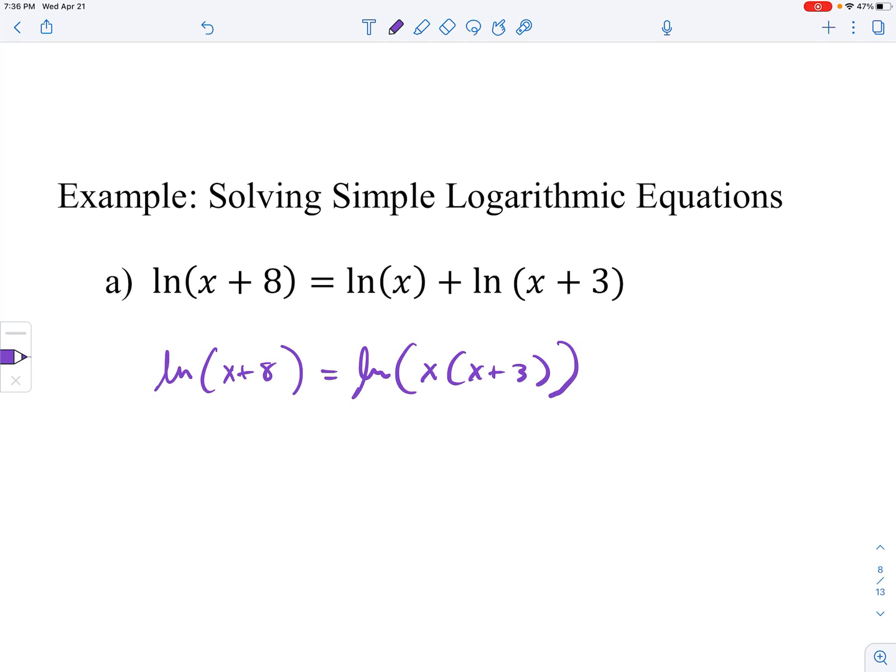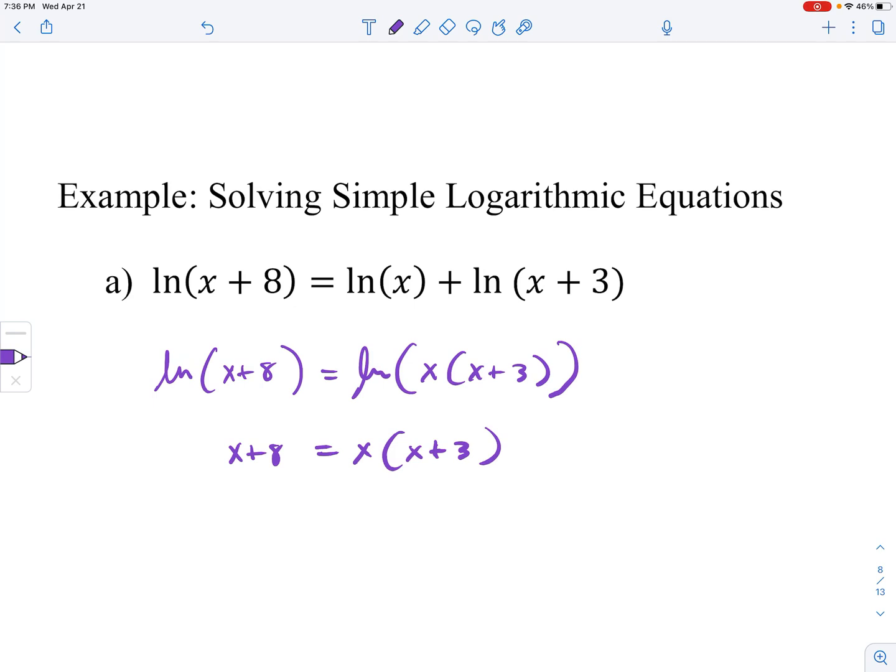Now we have to be careful when we apply the one-to-one property here, because we are dropping the ln's, which makes an equation that doesn't have the same domain restrictions as the natural log. So we have to check for extraneous solutions.